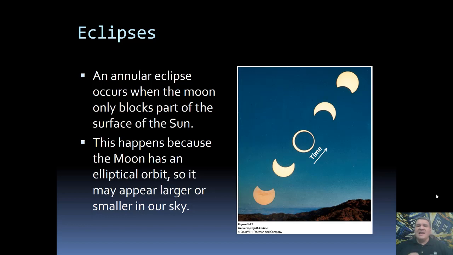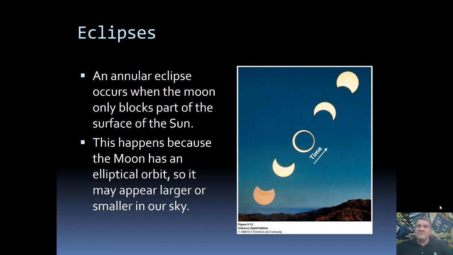What this means is that sometimes the moon is closer, meaning that it's going to appear larger in the sky, and sometimes it's farther away, so it appears slightly smaller in the sky. If we get a solar eclipse during this time where the moon is farther away, it's actually not large enough to completely block the sun. So we get a ring of sunlight surrounding the moon. This is an annular eclipse.